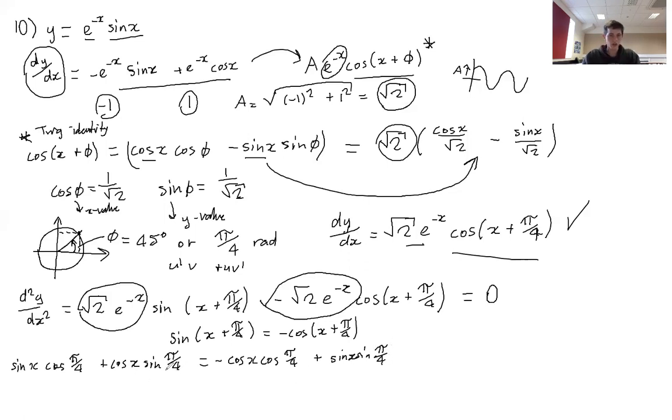Now, we can evaluate all the terms which have just numeric values for the angles. Cosine and sine of pi on 4 are just going to be 1 on root 2.